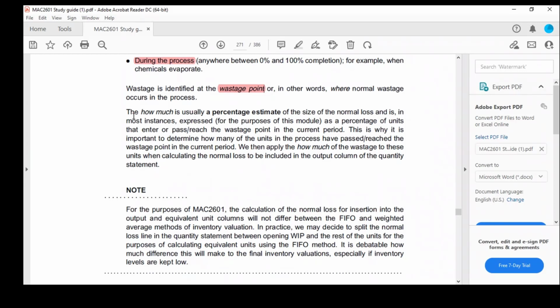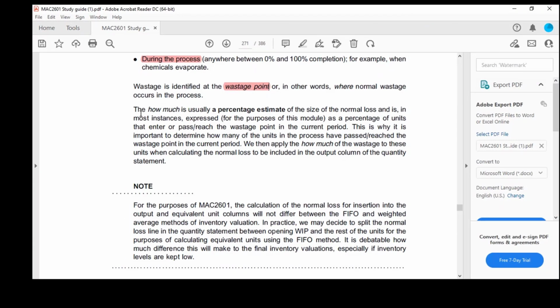Everyone understanding the where part? Can I continue to the how much, the size? Right. The how much is a percentage estimate as to what size the normal loss is. And it's expressed as percentages of units that passed this wastage point.